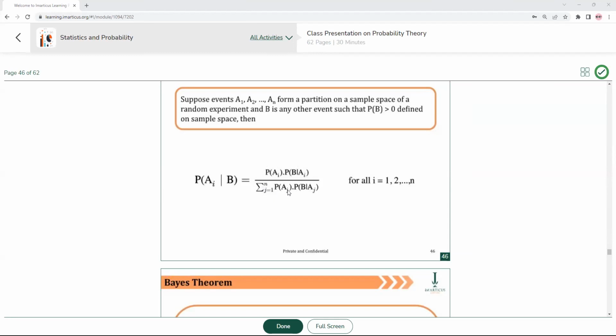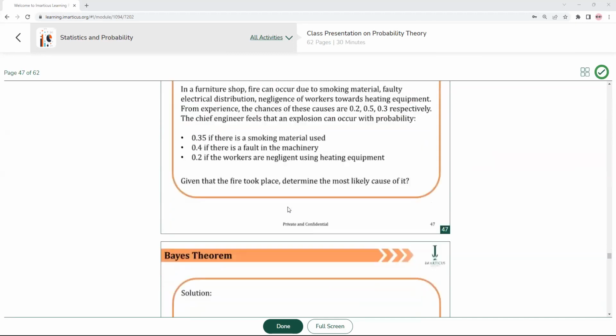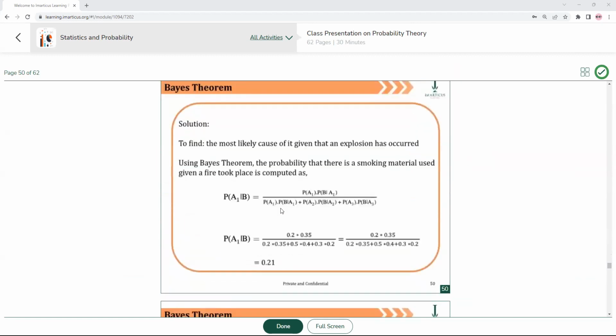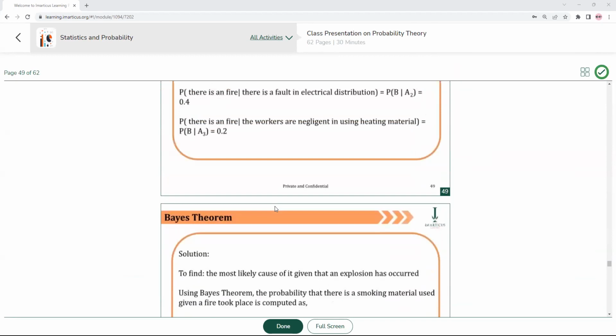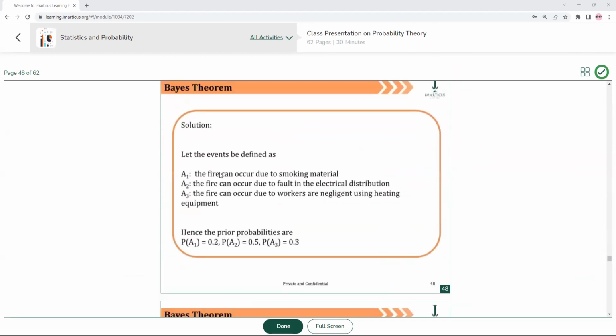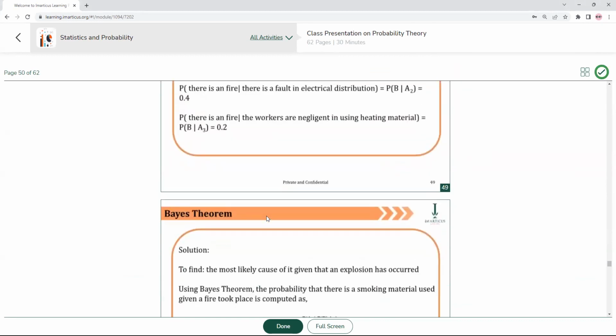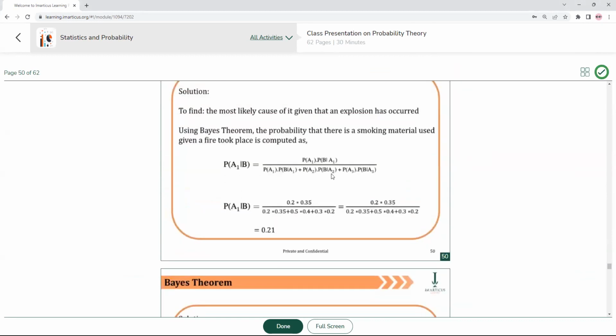A1, A2, A3, J is 1 to N. So J will be 1, then J will be 2, and J will be 3. So first केस में क्या हुआ? A1 क्या था आपका? A1 was for your fire occurred due to smoking material. A2 was due to electrical distribution, तो electrical distribution का भी लगाओगे, and third was due to negligence, तो third वाला भी लगाओगे.